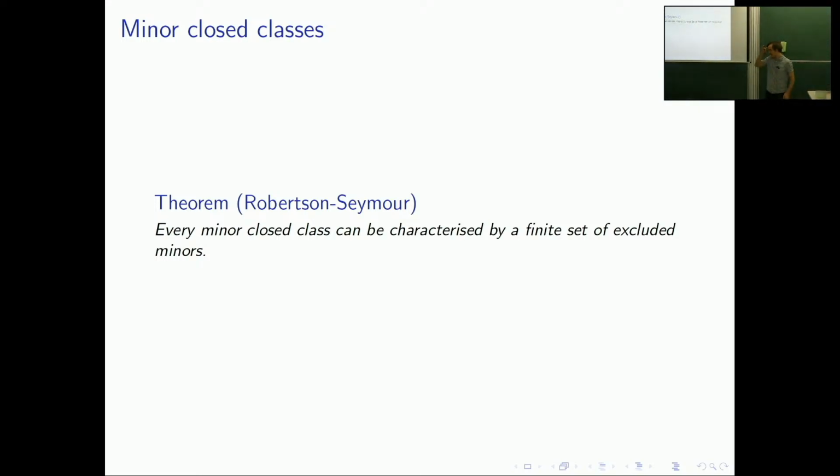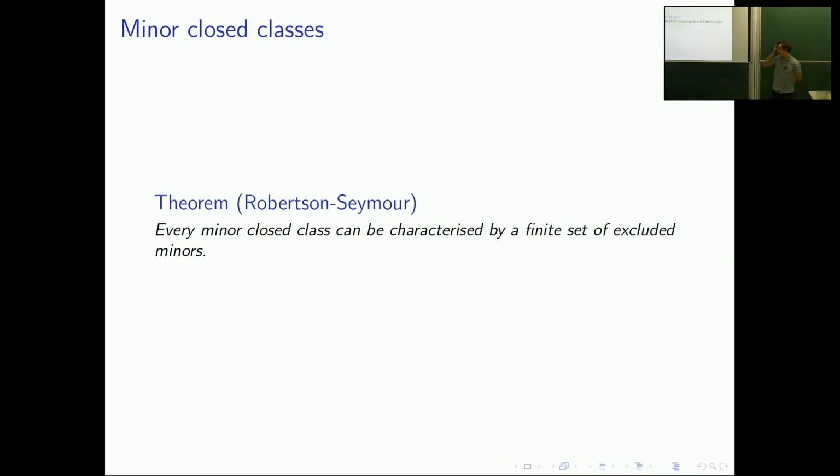And there's of course lots of interesting examples of minor closed classes. Planar graphs is one of the famous examples where we actually know the excluded minors are K3,3 and K5. But any class of graphs defined by embedding on a surface is closed under taking minors, and there are many other classes.